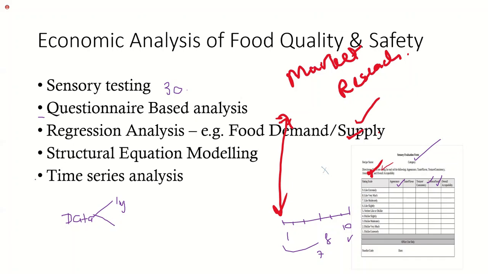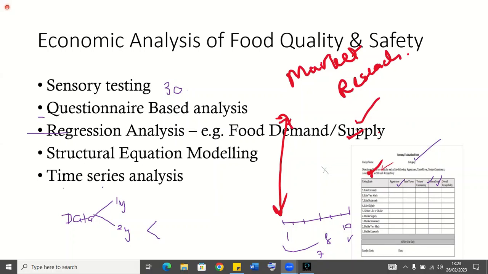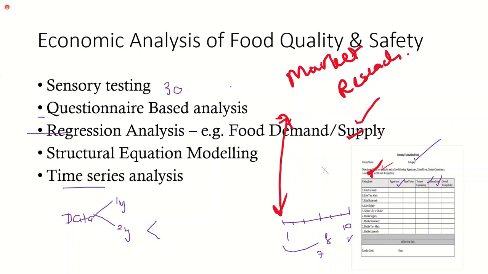The second type is secondary data, where you use reports, central bank reports, time series analysis. You can get 20, 30, 50 years of data from World Bank data or central bank data or census and statistics department reports.